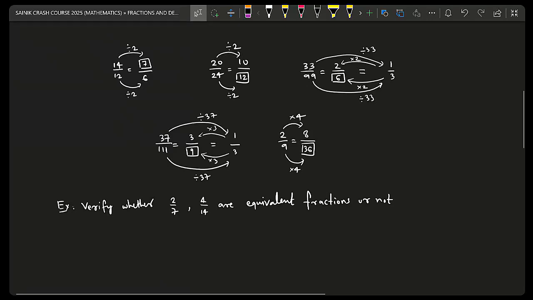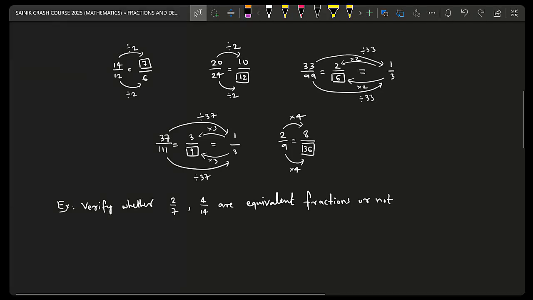Equivalent fractions. Verify whether they are equivalent fractions or not. Who will give the answer? Srivastava, can you say whether they are equivalent fractions or not?